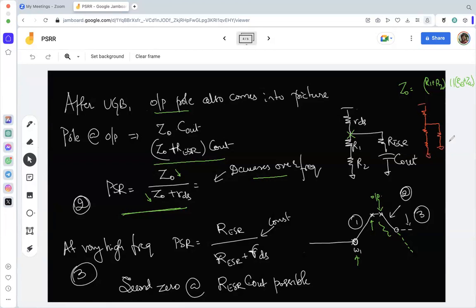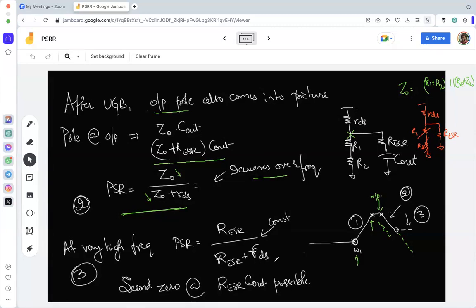The cap is now shorted. Typically, RESR could be a very small value compared to R1 and R2, so R1 and R2 you can ignore. What remains is RDS and RESR. Meaning at very high frequency, the PSR is RESR divided by RESR plus RDS. It's a constant number. There is no frequency related component. There is no capacitance here. There is nothing that's changing over frequency.